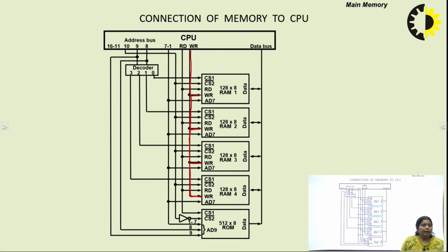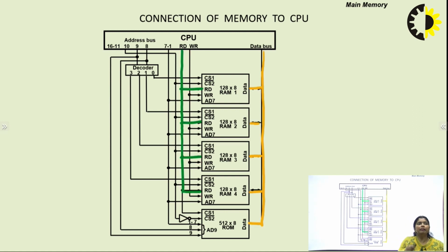Now, next, you can see that there are read and write lines in the RAM. The write line is there because we can update whatever data or information is stored in the RAM. This particular write line goes to all 4 RAMs.